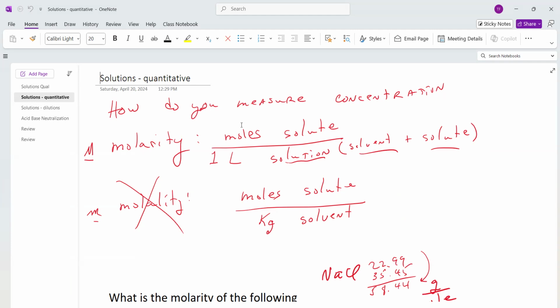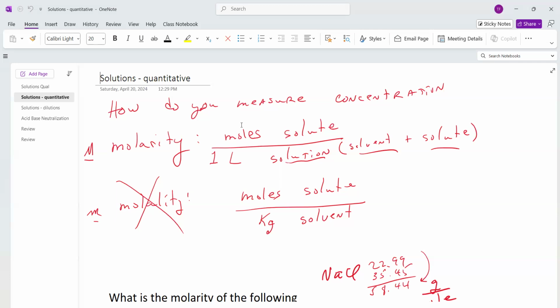Solute is what you actually dissolve into the solvent. So the definition of molarity, the quantitative aspect of solutions, is moles per liter of solution.